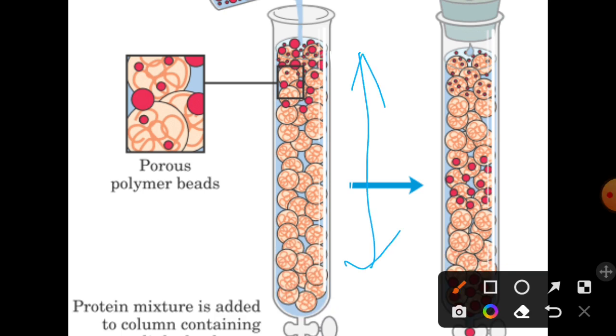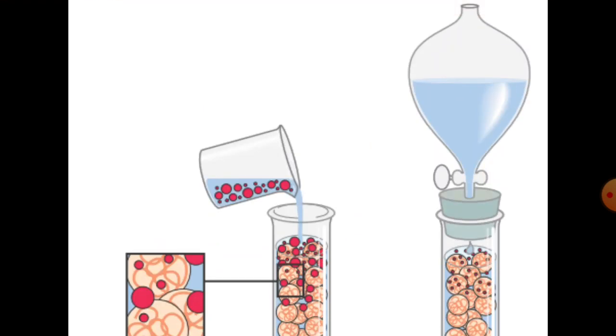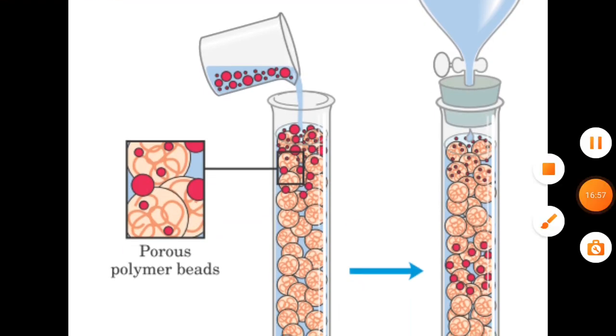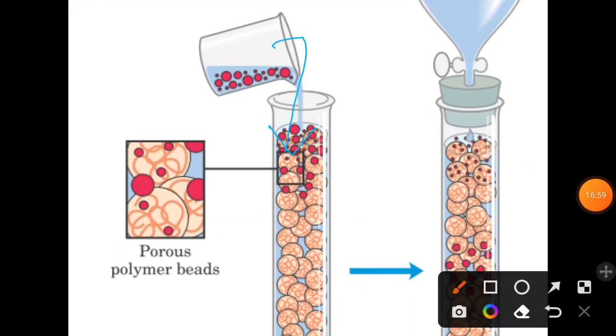Okay, so the idea is we will first prepare the solid phase with the help of this porous solid matrix. After preparation of the solid phase, we will prepare our mobile phase. That mobile phase is nothing but the buffer containing the sample, and we will add it on the top of our column.